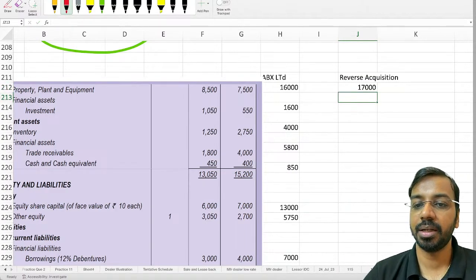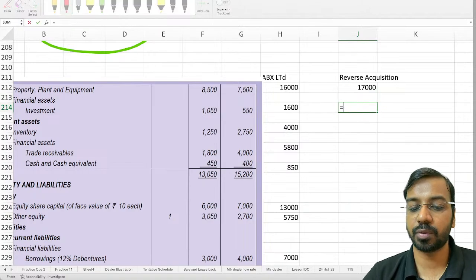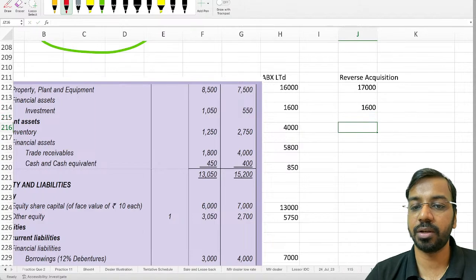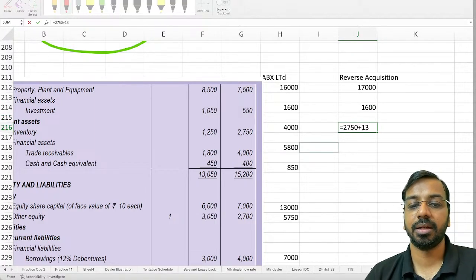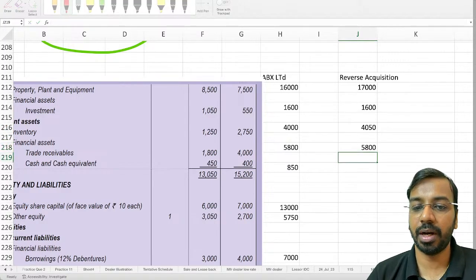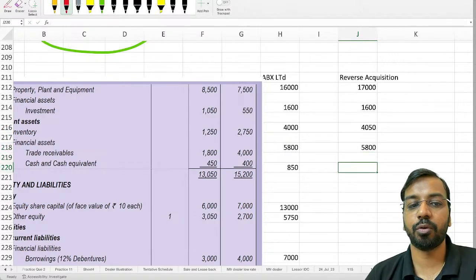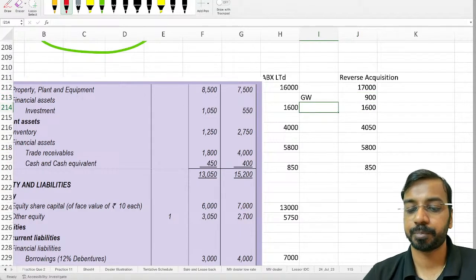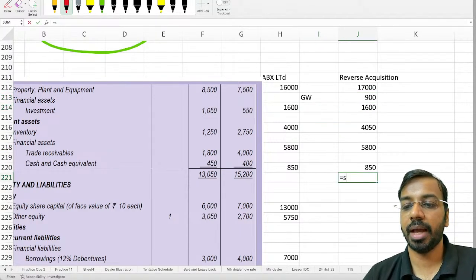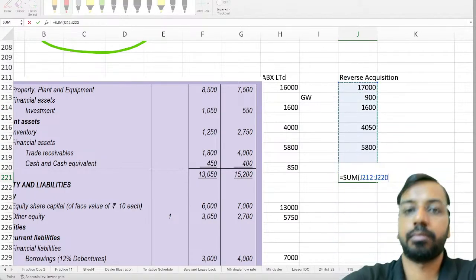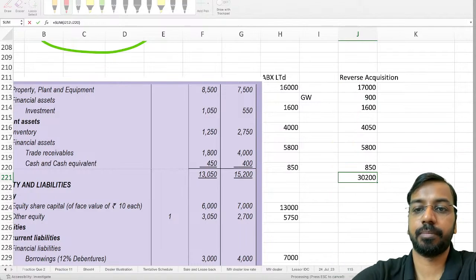Then investment, you have 550 your own plus 1,050 acquired. Inventory, 2,750 plus 1,300. Then trade receivables 5,800, cash and cash equivalents 850, and of course we have goodwill, which we have calculated to be 900. So this is the asset side. I am not doing a detailed working.